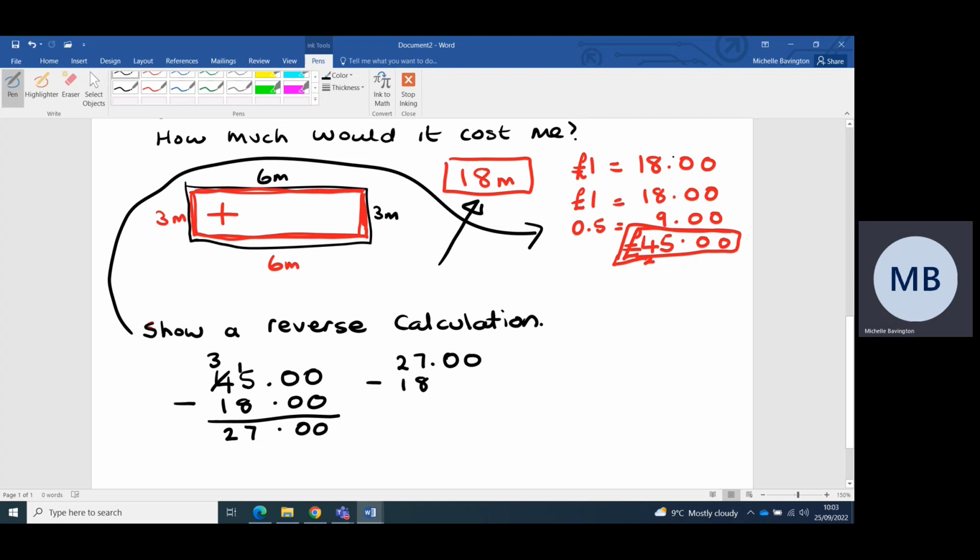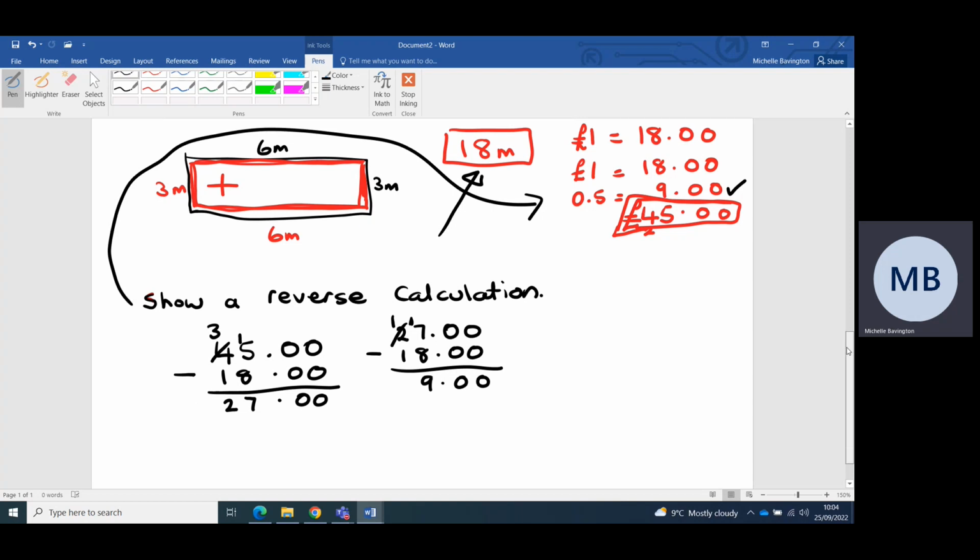I'm just doing this opposite. 7 take away 8 we can't do. That leaves 9. And that would do it. You've done a reverse calculation. And we'll look at that again in a minute.